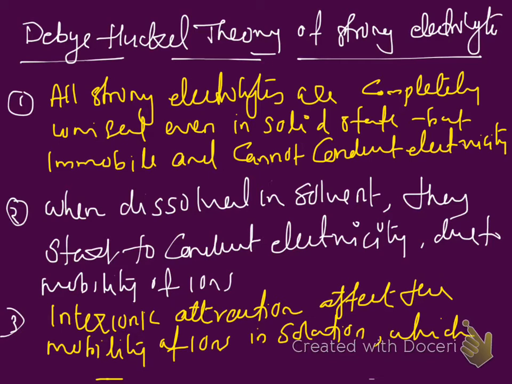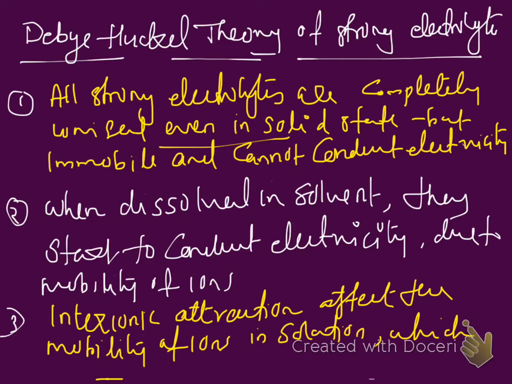So, even in solid state, strong electrolytes are completely ionized, but the problem is their mobility. In solid state, they are unable to move from their existing positions, or simply they are immobile. Because of this immobility, they are not good conductors of electricity in solid state.